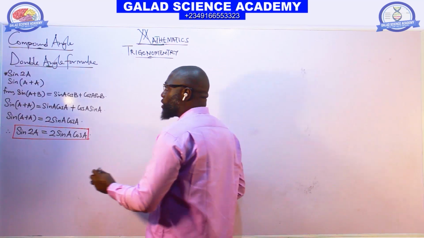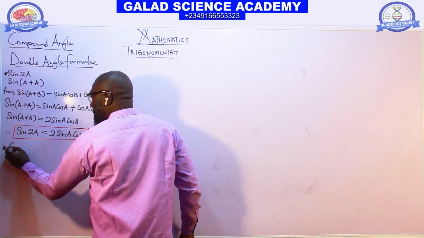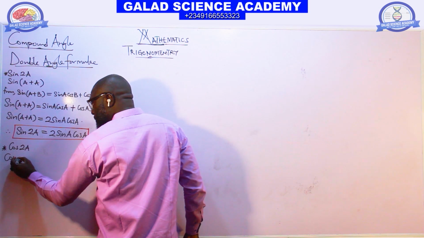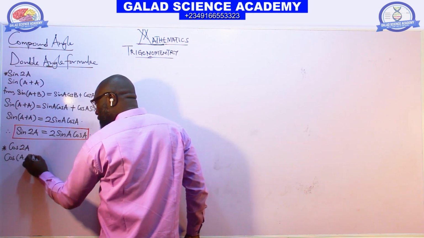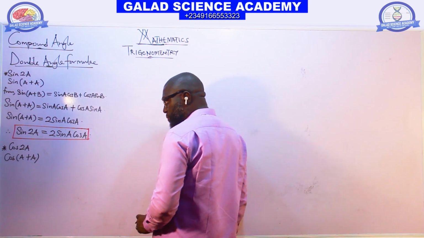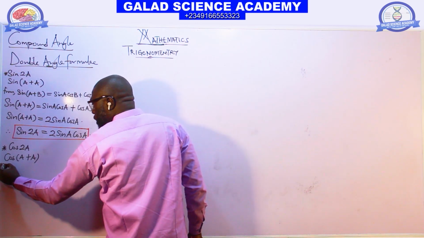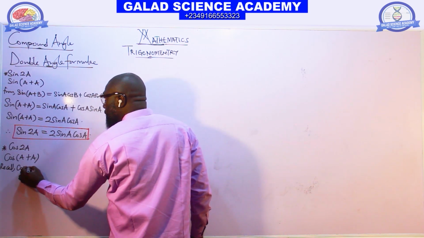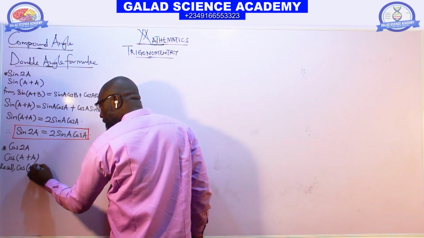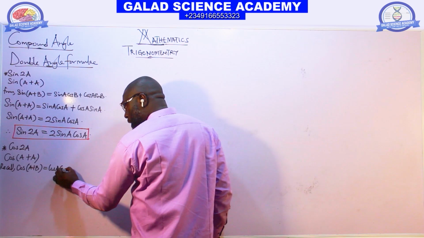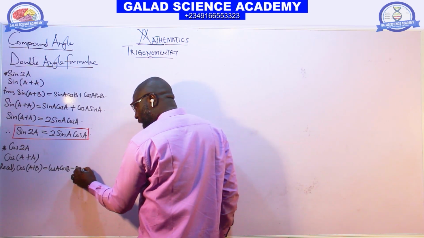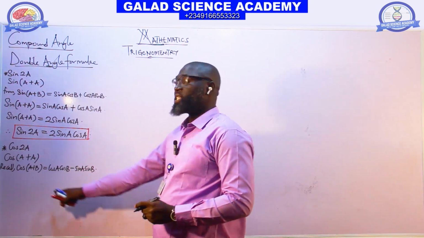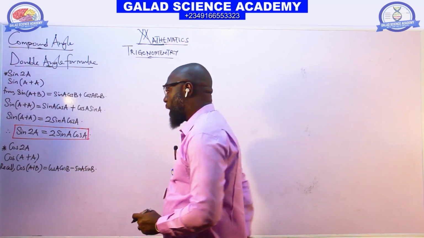But in the case of cos 2A, this is the same thing as cos of A plus A. But recall that cos A plus B gives us cos A cos B minus sine A sine B. From this expression, we can apply it here.